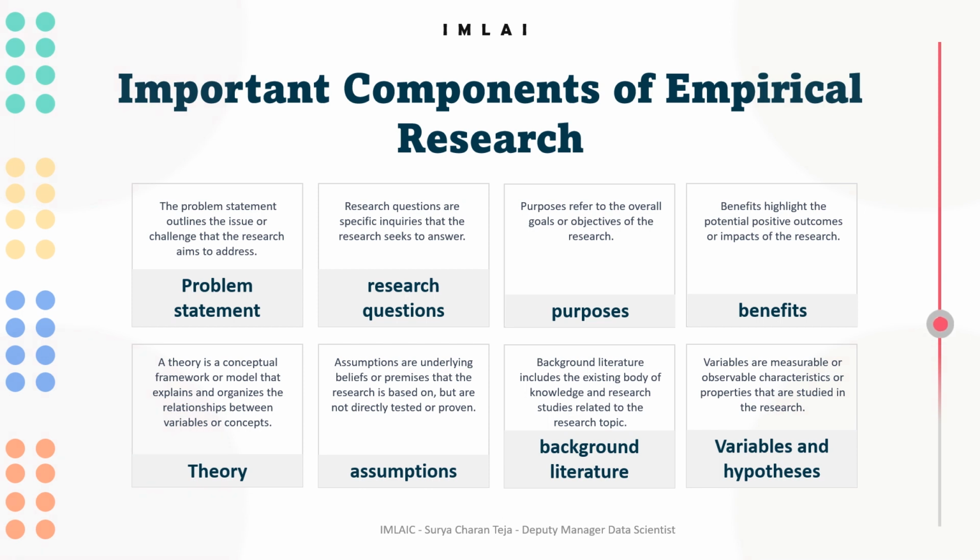I'm repeating again, this is very, very important when it comes to data science also. So variables are measurable or observable characteristics or properties that are studied in the research. Hypotheses are testable statements or predictions about the relationships between variables which are formulated based on theory, assumptions, or previous research.